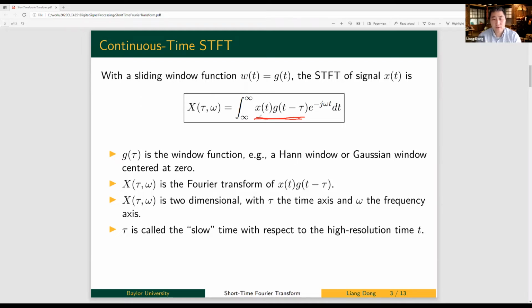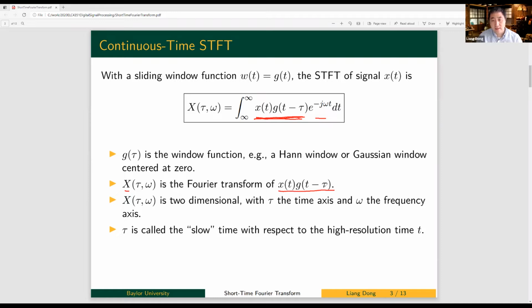So this windowed signal looks like that. Doing a Fourier transform, we multiply by e to the negative j omega t and integrate dt. g(t minus tau) is a window function. For example, it can be a Hann window or a Gaussian window centered at 0. And then we have capital X, the Fourier transform of this windowed signal.